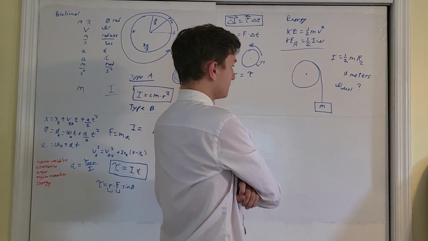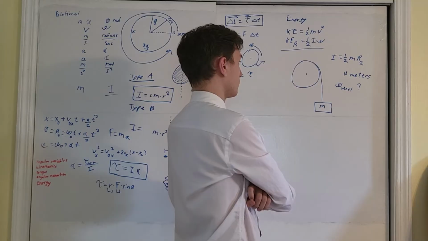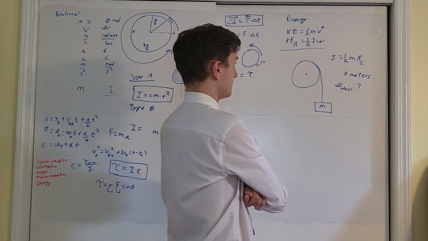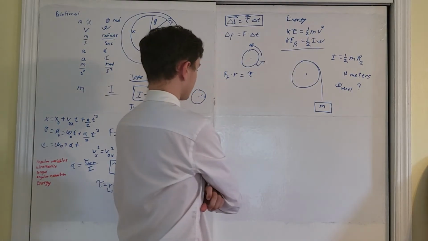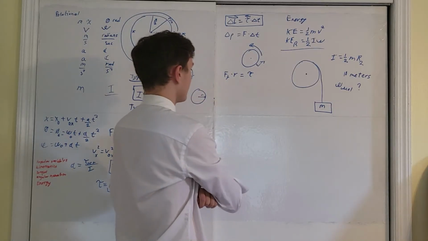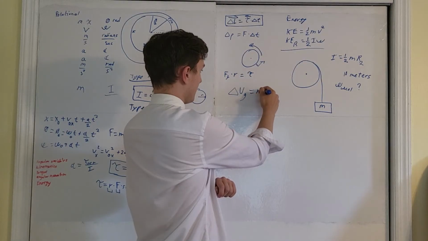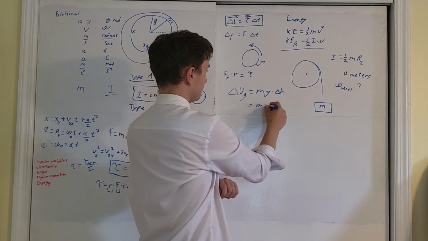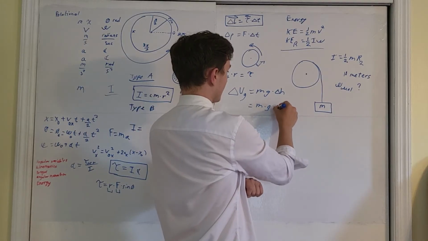So we have what we know, and we know what we want to solve for, okay? We're given moment of inertia, and we're given the distance through which mass m falls. We're not given a lot of information, but we can still work with it. If we have a mass m falling through a distance, that should immediately set off alarm bells in your head saying that we're dealing with gravitational potential energy, equal to mass times g times the change in height, wherein we're dealing with mass m, gravitational constant g, and a change in height of 10 meters.